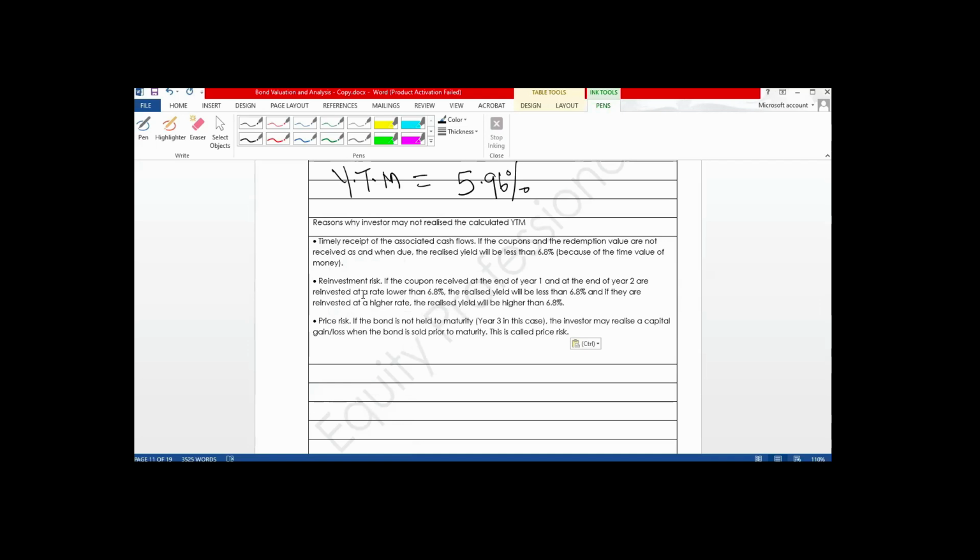If the coupons, that is the interest, and redemption value are not received as at when due, the realized yield will be less than 5.96%.